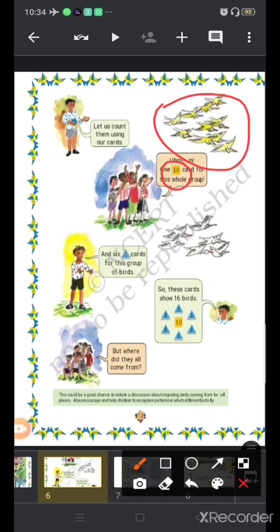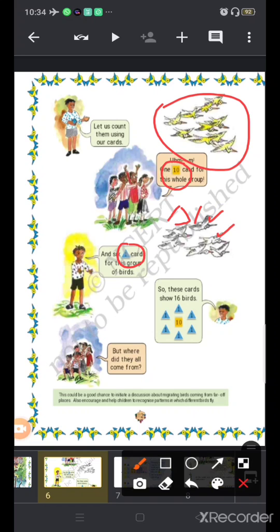Then 4 and 6 ones cards for this group of birds. It means this triangular card they are using for one bird. Okay, so how many birds are here?